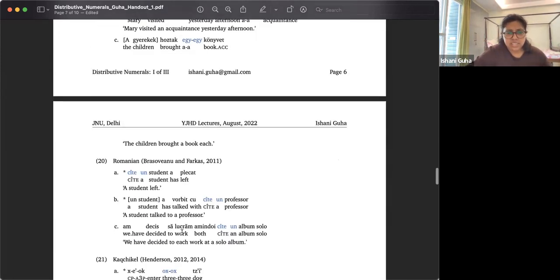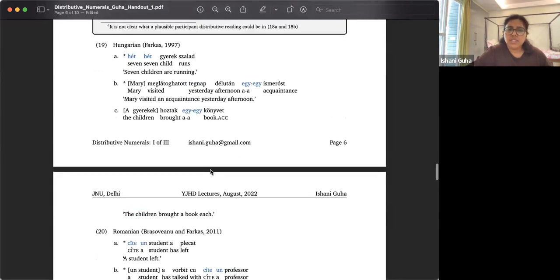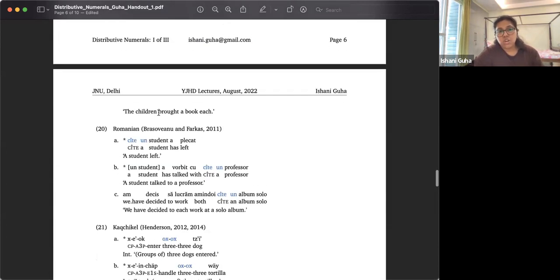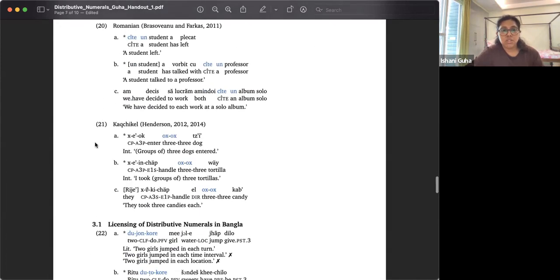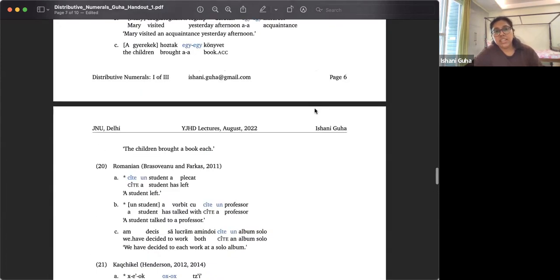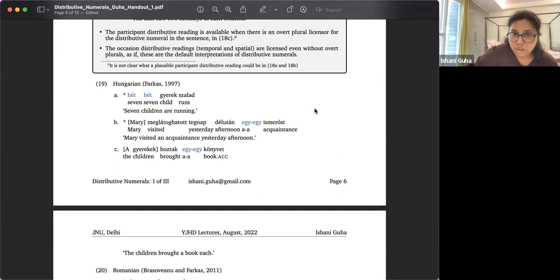For these examples, I do not have the information whether they make the occasion distributive reading available for 19C or 20C Romanian or 21C Kaqchikel. So that's why I have not written them.